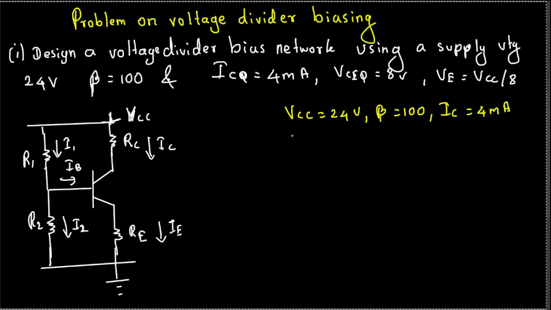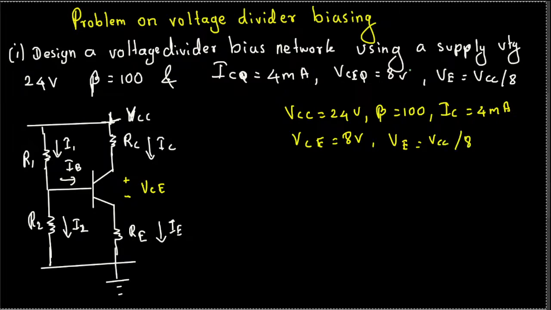Then we have the collector-emitter voltage, VCE right here, between the collector and the emitter, which is given to be 8 volts. And the voltage at the emitter is equal to VCC divided by 8.